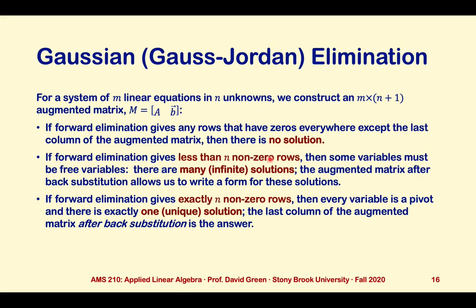Each non-zero row gives a pivot. If not every variable is a pivot, then some must be free variables. When there are free variables, we have infinite solutions. If forward elimination, on the other hand, gives exactly n non-zero rows, every variable is a pivot, and in that case, we know we have one unique solution. We can get that through back substitution.